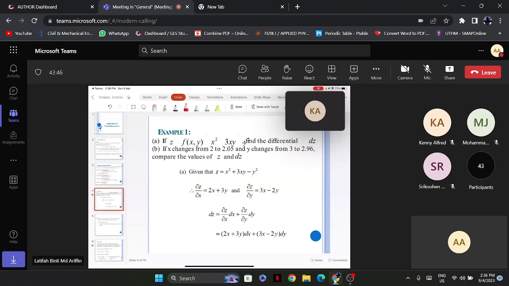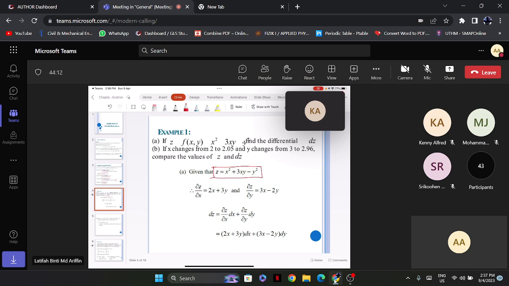Okay, right. So kita lihat satu contoh. Diberi dekat sini contoh. If z is given a function of f(x,y), yang ke atas tu dah lari dari punya format, so you boleh tengok pada yang bahagian bawah. Given that z is equals to x squared plus 3xy minus y squared, find the differential dz.